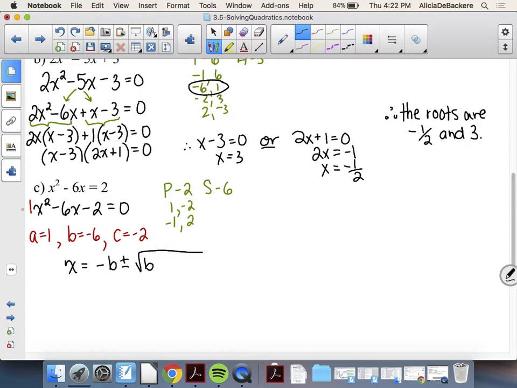So x is equal to -b plus or minus the square root of b squared minus 4ac all over 2a. And then we'll just substitute in our values. So b is -6, so -b would be +6.